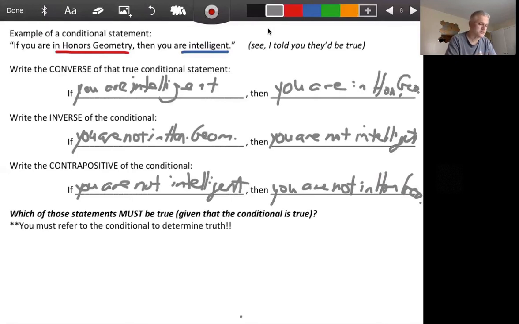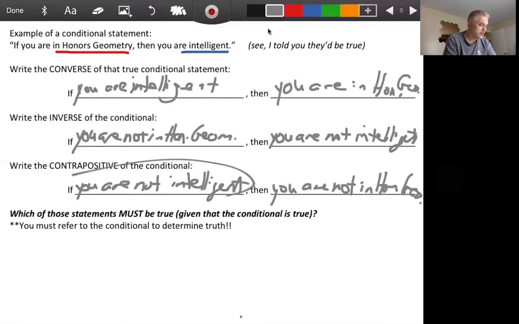Let's look at the contrapositive. If you are not intelligent, then you're not in honors geometry. Okay, so given you're not intelligent, I'm not saying it about you, but given you are not intelligent, true or false, you are not in honors geometry. That's absolutely true, because we're assuming that this up here is true, that those that are in honors geometry are intelligent.